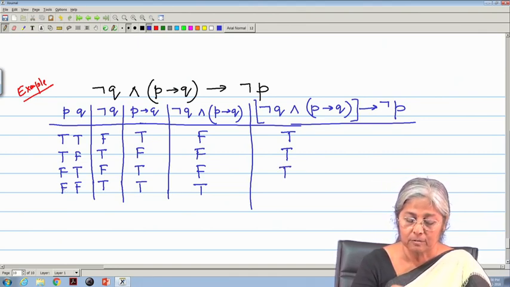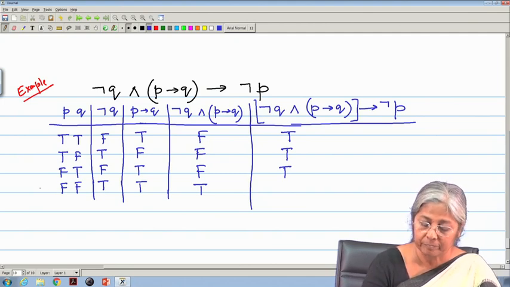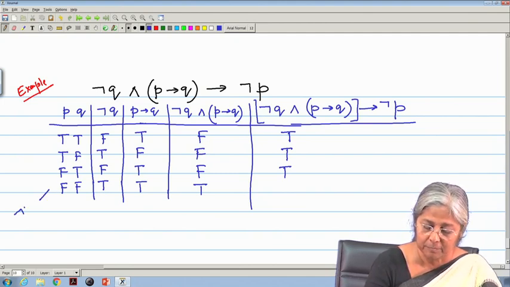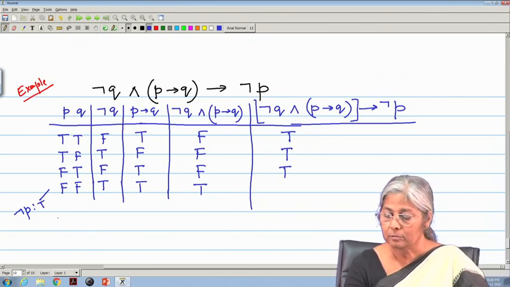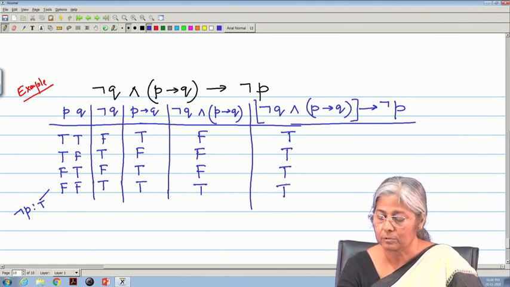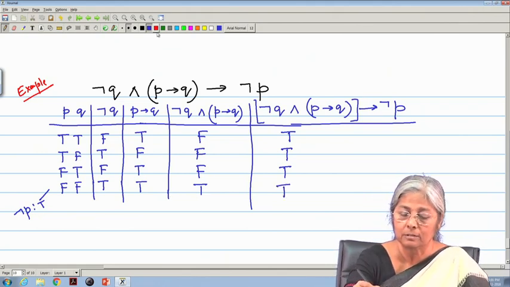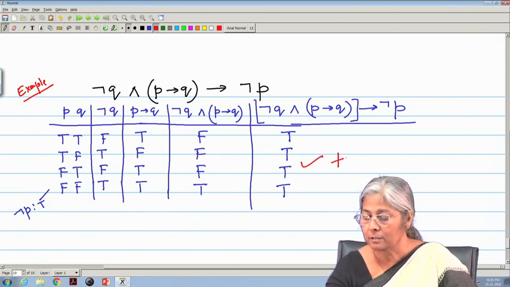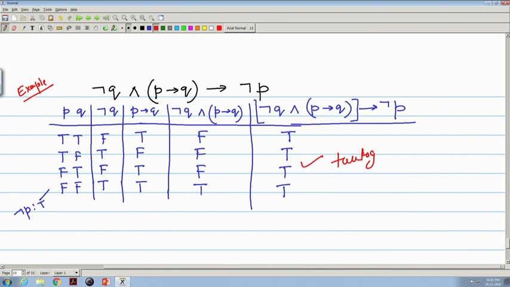This p, so this negation p will be here, the negation p is true. So, T and T, this will be true. So, again we get that this is a tautology. This is a tautology.